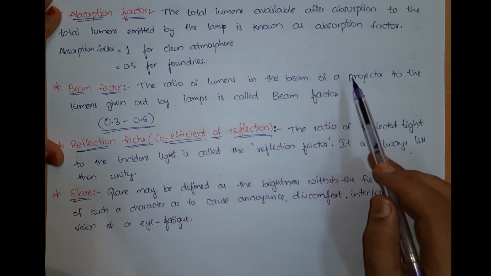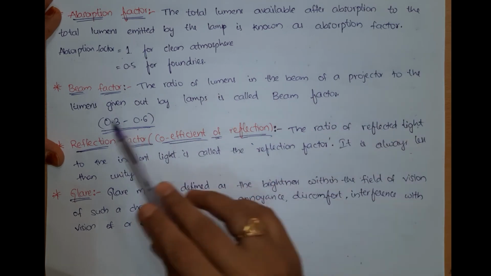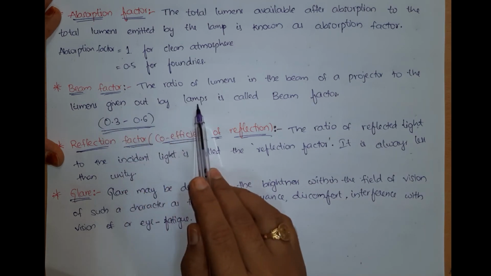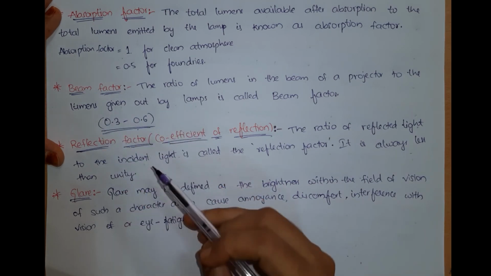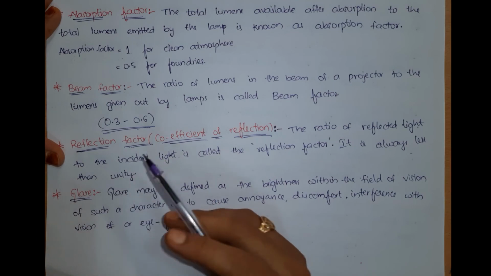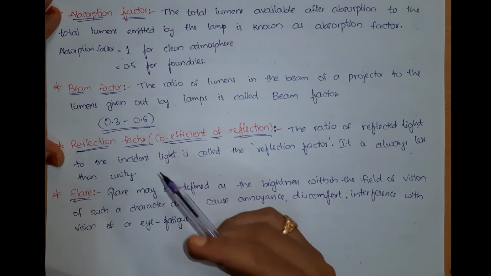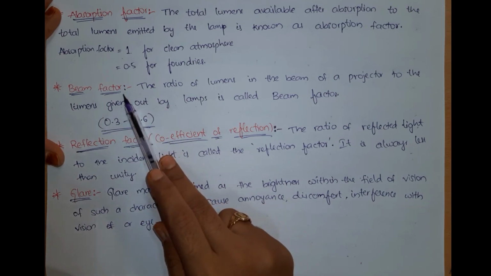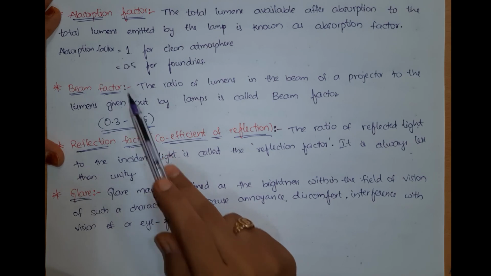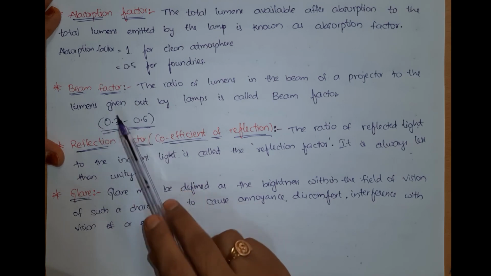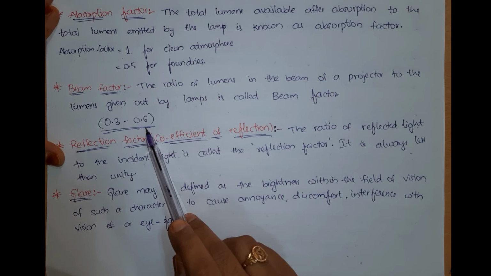The ratio of lumens in the beam of projector to the lumens given out by the lamps. So actually from the source how much is coming, then how much is absorbed by the reflector. That ratio is called the beam factor. So its value generally ranges from 0.3 to 0.6.